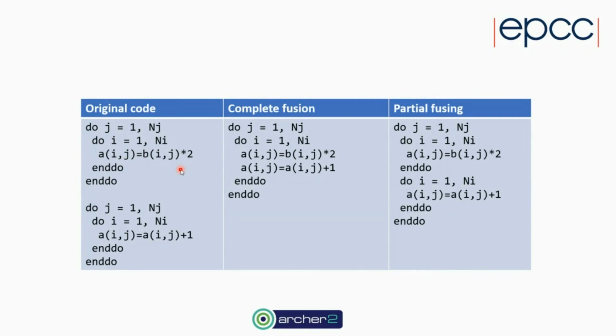And then what we do is we come and do some other work and we say A equals A plus 1. Right now, and I appreciate these are pretty simple, because we could just say here A equals B times 2 plus 1 and get rid of this final loop here. But we're really just illustrating a point here.